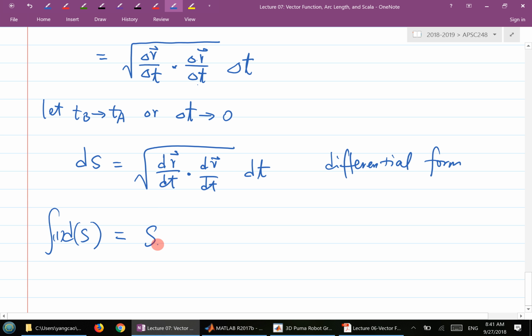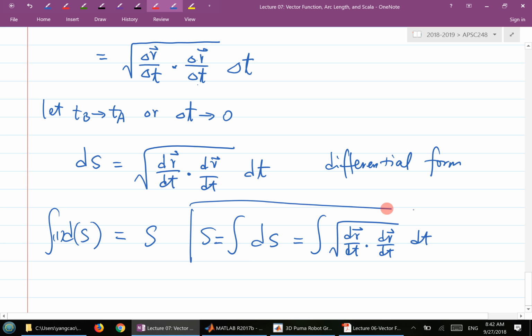You're basically doing additions. I add up all the infinitesimally small arc lengths together using the integral concept, and that gives me the total arc length. So this is the final format for calculating the arc length of a given curve C.